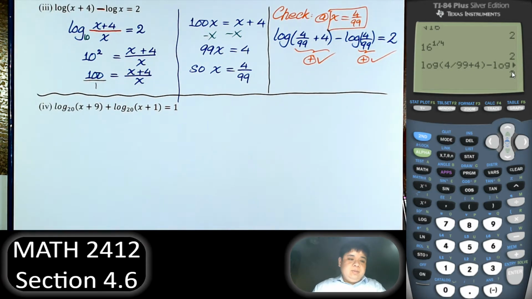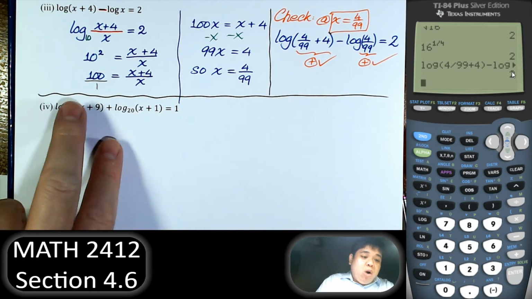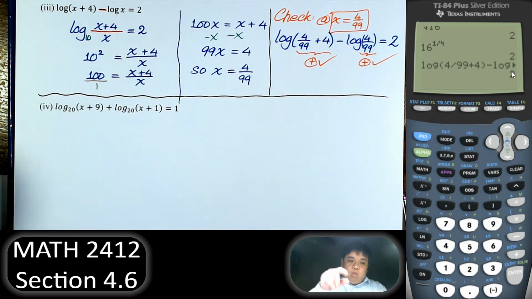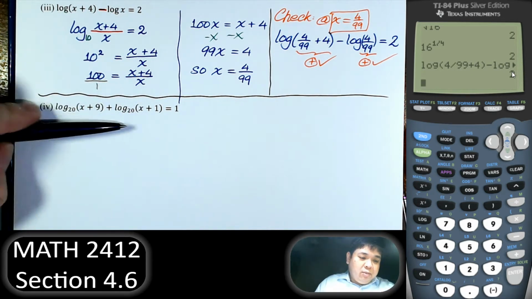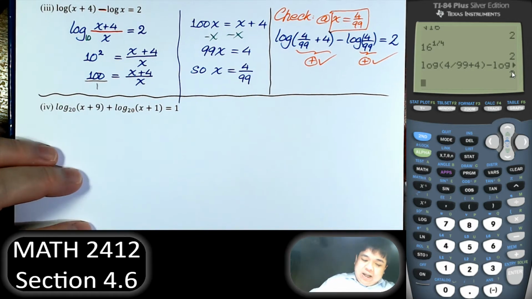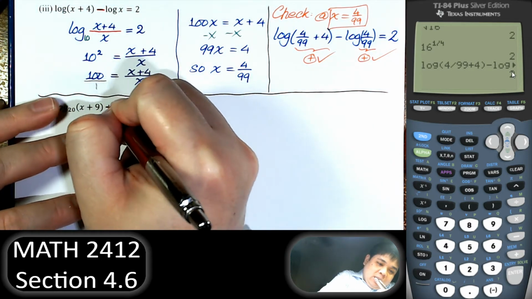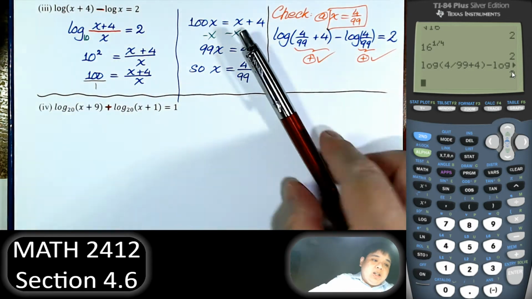So if we have a number, try to get a log equal to a number and then swap to exponential form. Same thing here. Now this is a sum, we will turn into a product.